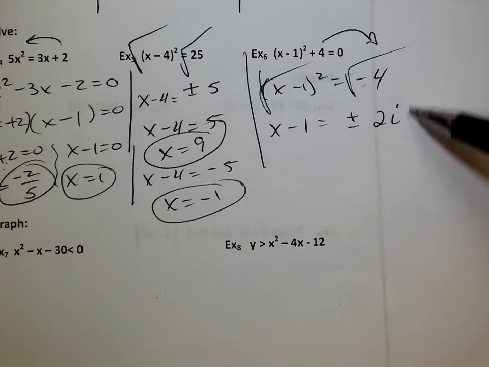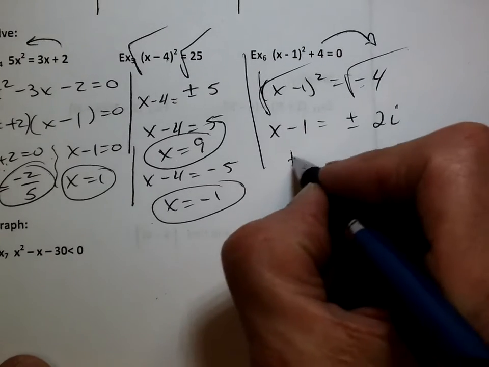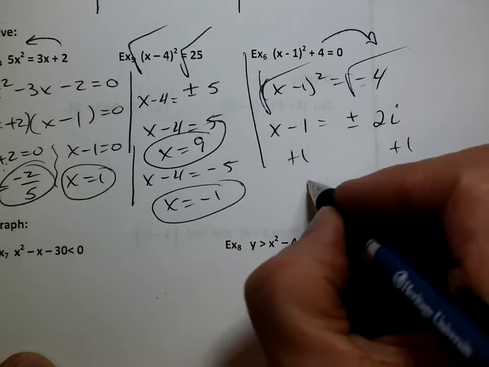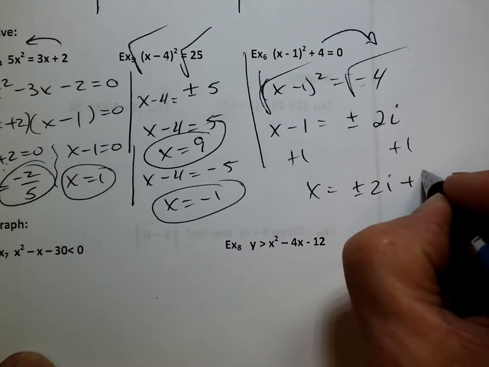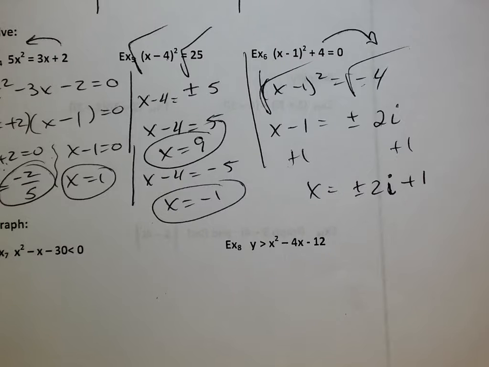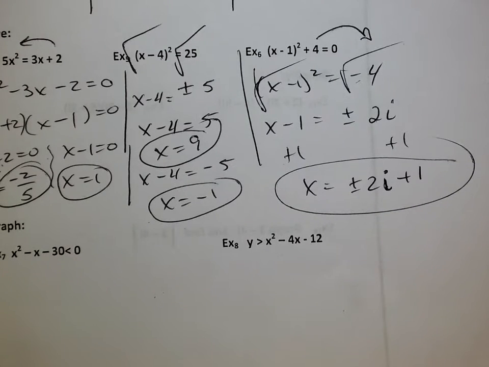So I get my i. Square root of 4 is 2. Plus 1. You cannot add imaginaries and reals. So our answer is 1 plus or minus 2i. Thumbs up? Okay. If I get going too fast, will you please tell me to slow down?